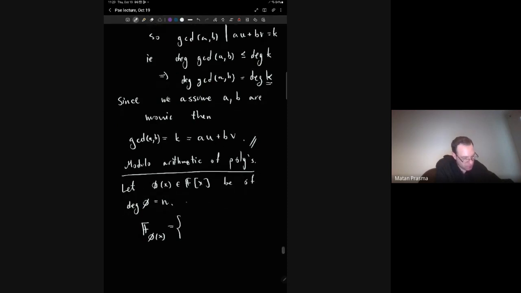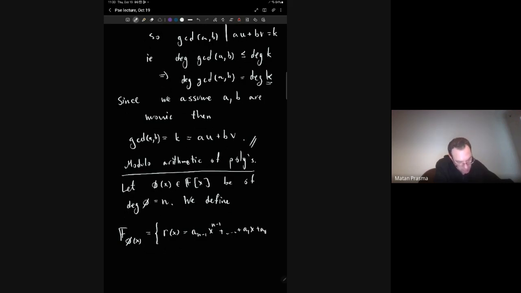We define f sub phi to be the set of all r(x) equal to a_{n-1} x^{n-1} plus ... plus a_1 x plus a_0, where the a_i's are elements in f.